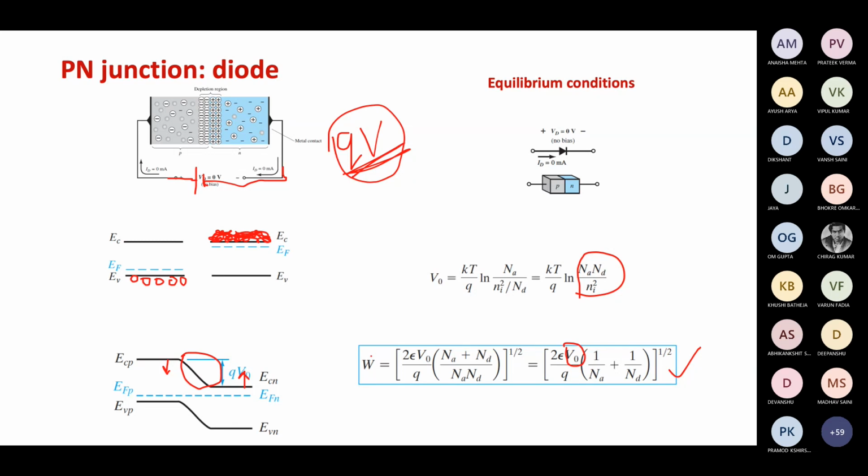Okay, sir. So in different cases, different things are happening. If we apply the positive voltage to the P side, then the ECP is decreasing, and if the negative voltage on the N side, then the ECN is increasing. So the overall hill height is decreasing.